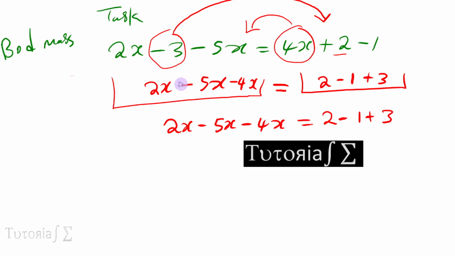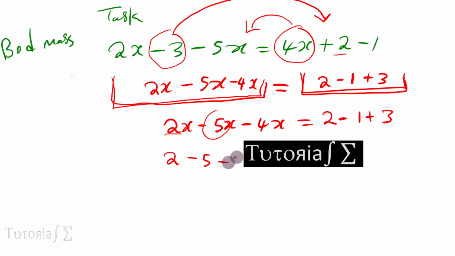So try to have the x's in one bucket and those that have just numbers on the other side of the bucket. Now here we can simplify this. If we have x everywhere, like on this bucket here, we just get the numbers and add them. So here we have 2 minus 5, then minus 4.